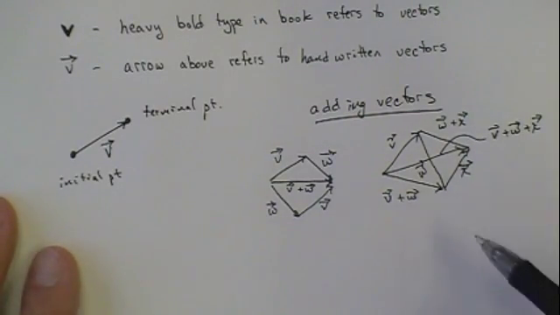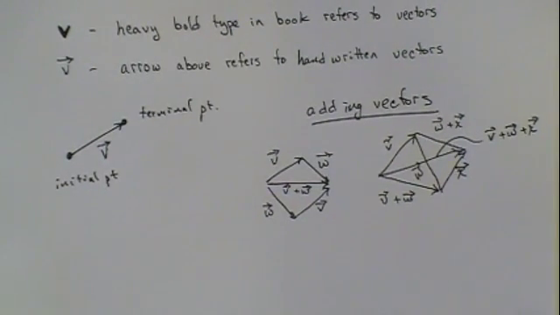So the associative property also holds true for adding vectors.